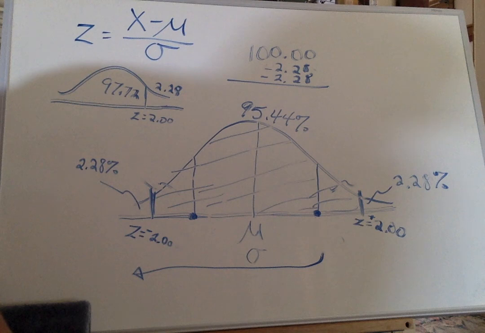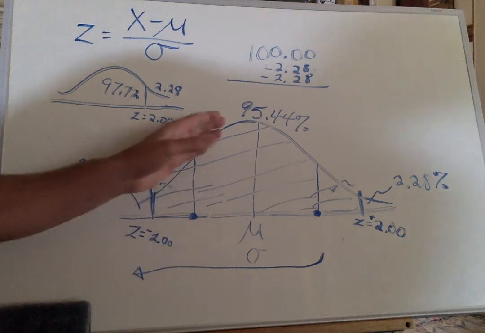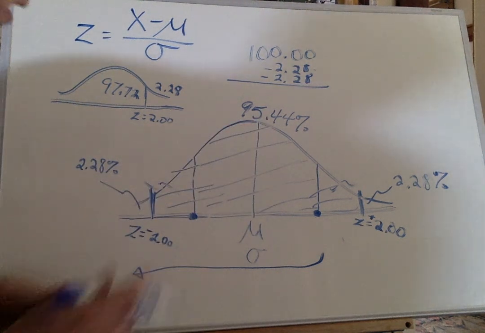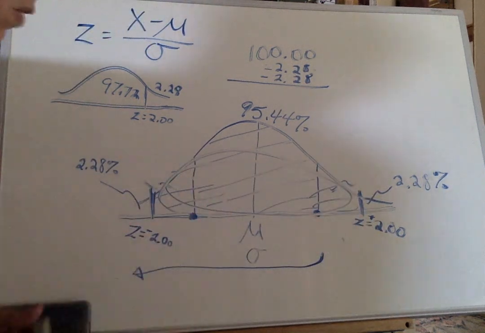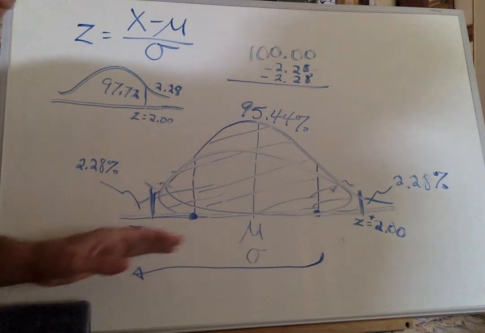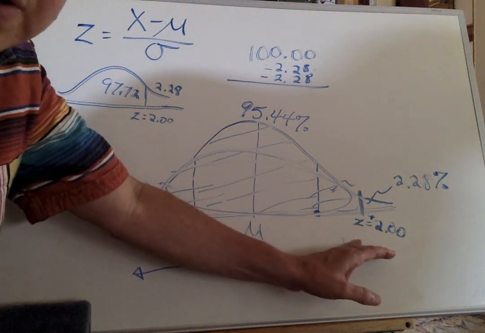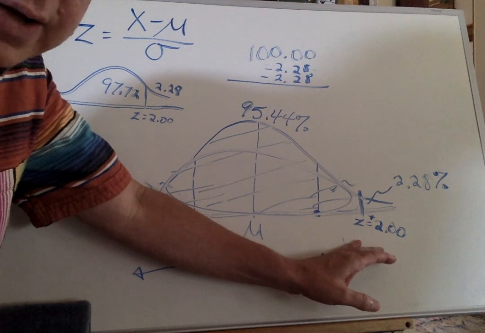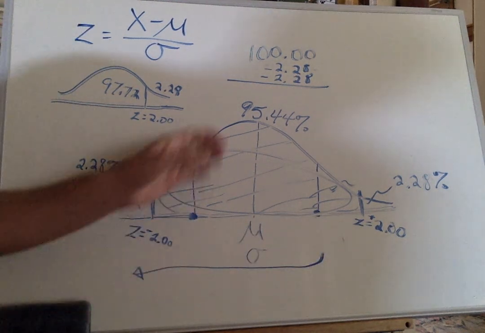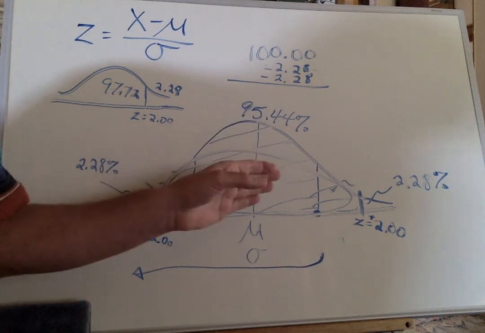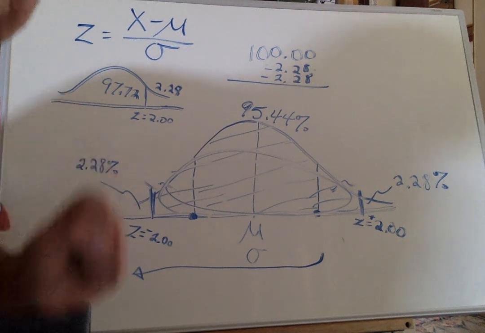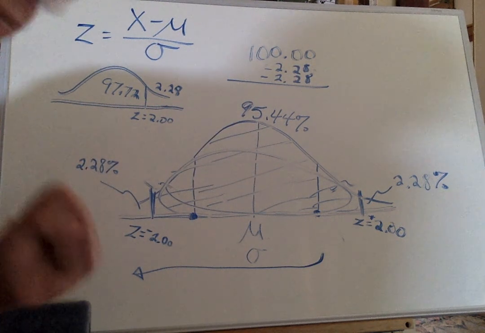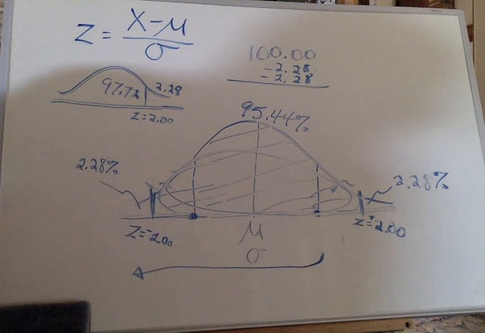I mean, we said approximately 95, but 95.44% is the actual percentage that's between a z-score of -2 and a z-score of +2. Again, another way I can say this is 95.44% of the population falls within 2 standard deviations. Okay, within 2 standard deviations.